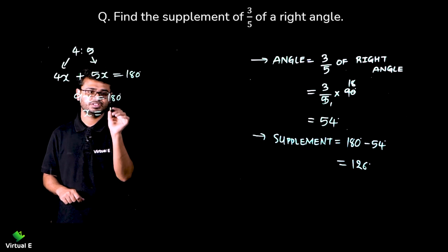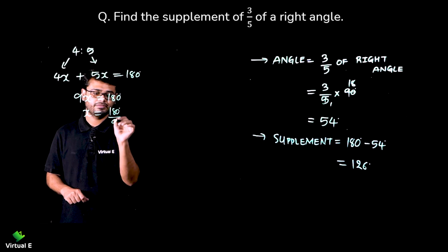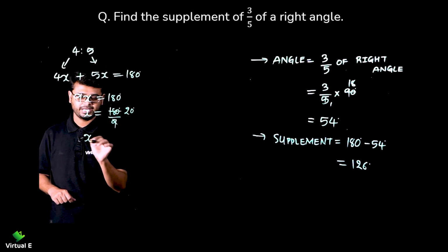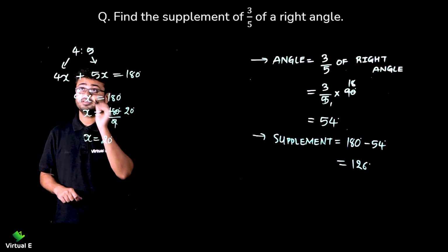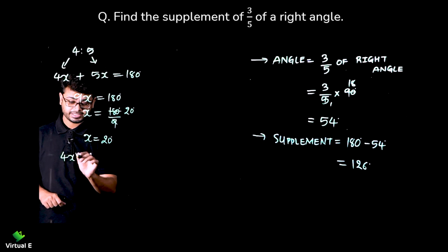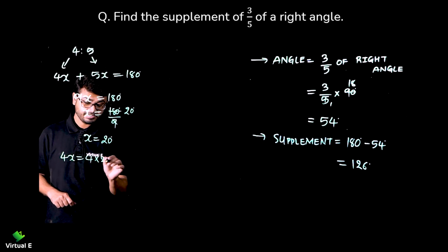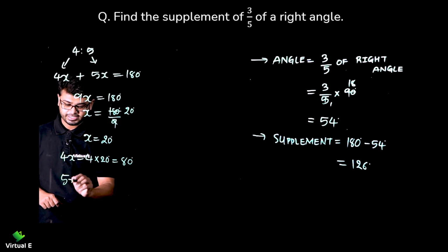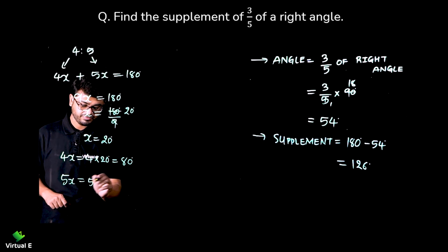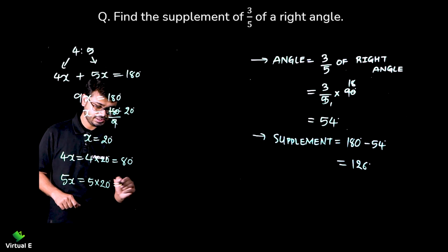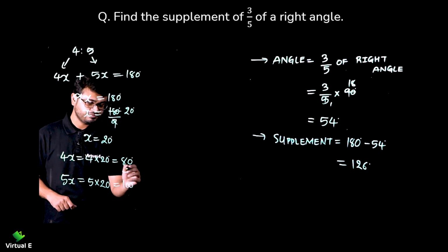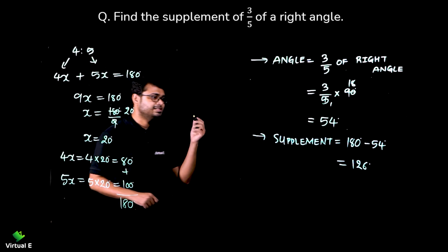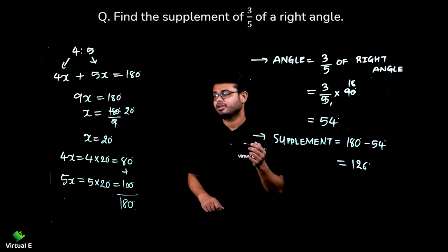So x is equal to 180 degree divided by 9. 9 ones are 9, 20s are 180. So x is equal to what? 20 degree. So 4x is 4 multiplied by 20 degree, that is 80 degree. And 5x is equal to 5 multiplied by 20 degree, that's 100 degree. And if you add them up, you are going to get 180 degree. That's the condition for the supplementary angles.